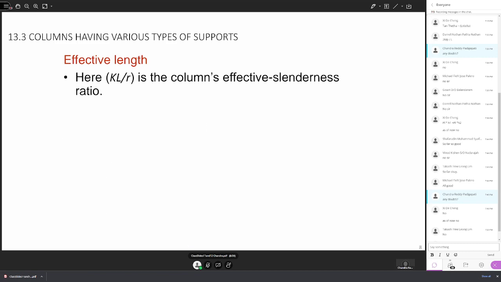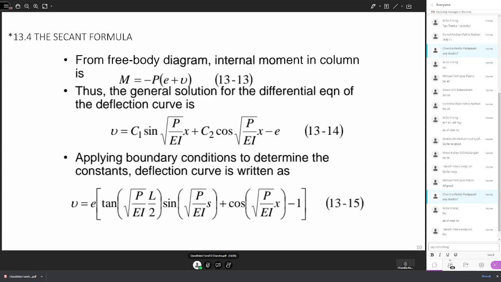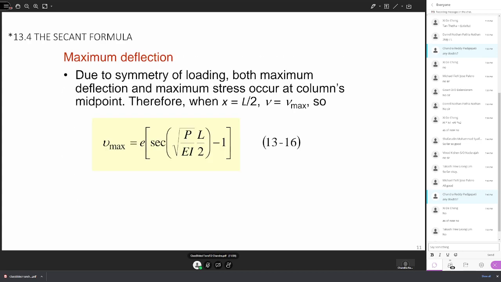If the load is not acting at the center of the cross-sectional area but away from it, then we need to apply the secant formula. There are two types of secant formula. One calculates the maximum deflection.